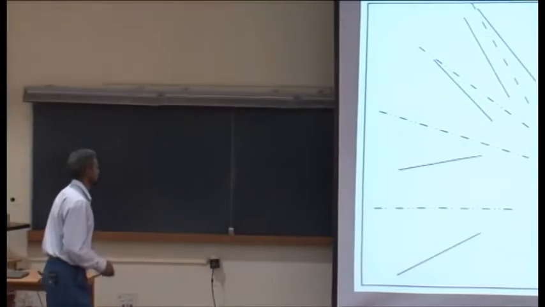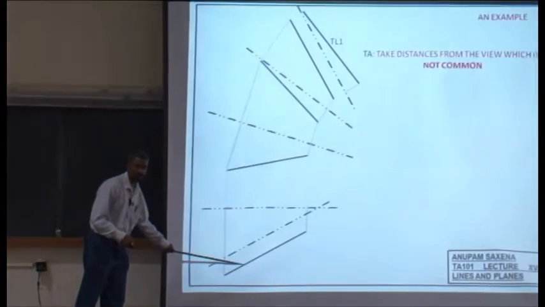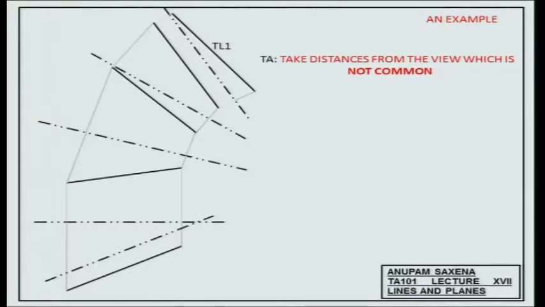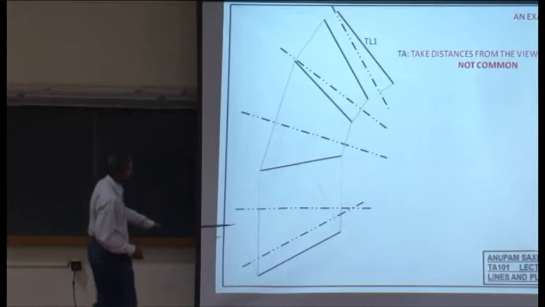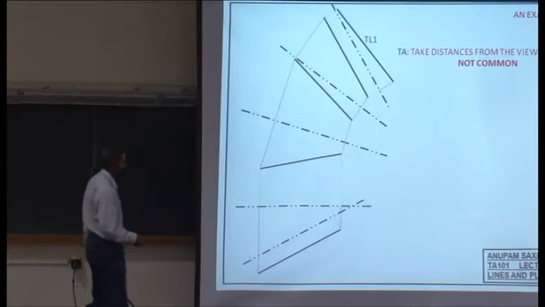Now, let me call it TL1. Had I done this in one step, had I made my hinge line parallel to one of these projections, okay? Now, this view is common between this and the view that I am going to make.